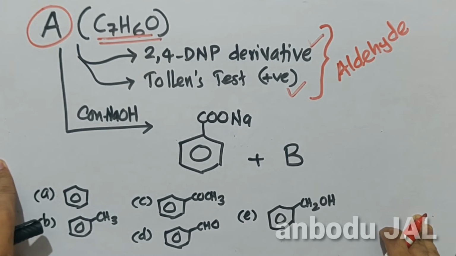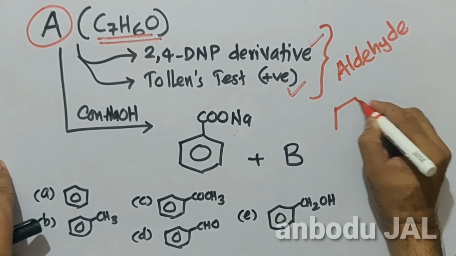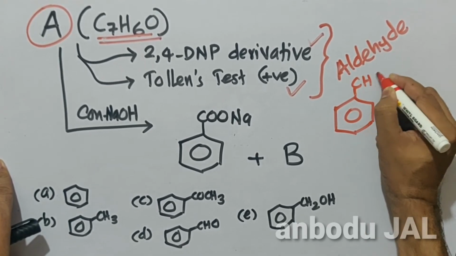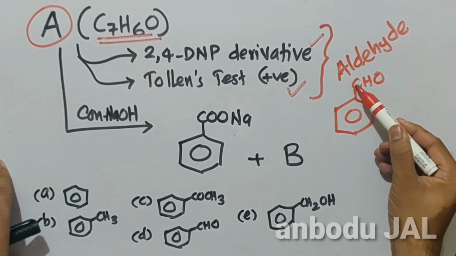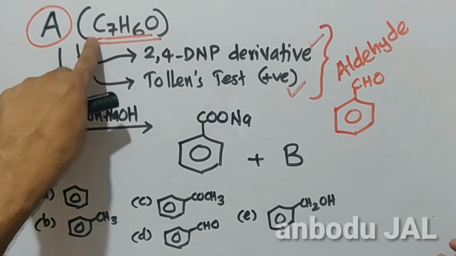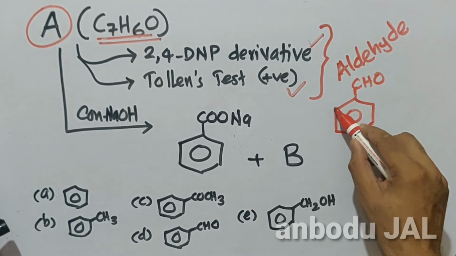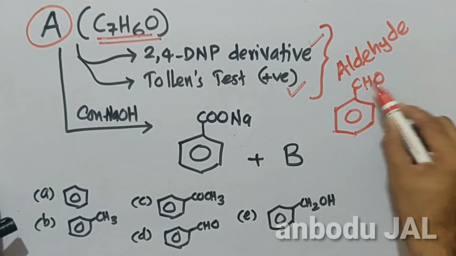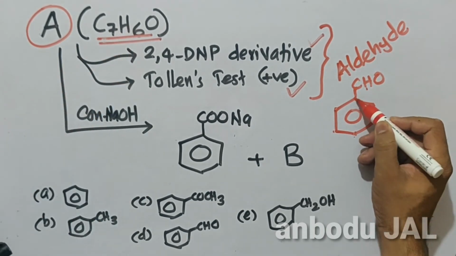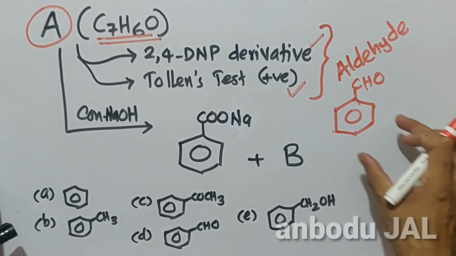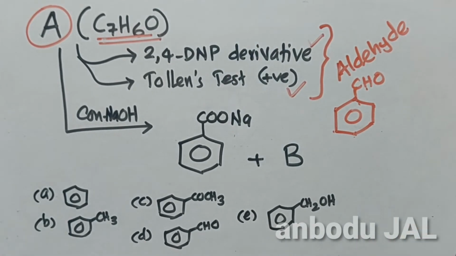Which is the benzene-containing aldehyde? Benzaldehyde. We can check the formula: the CHO group, number of carbon atoms 1, 2, 3, 4, 5, 6, 7, so C7. Hydrogen: 1, 2, 3, 4, 5, 6, so 6 hydrogen atoms, and 1 oxygen. So the formula is satisfied for this compound.